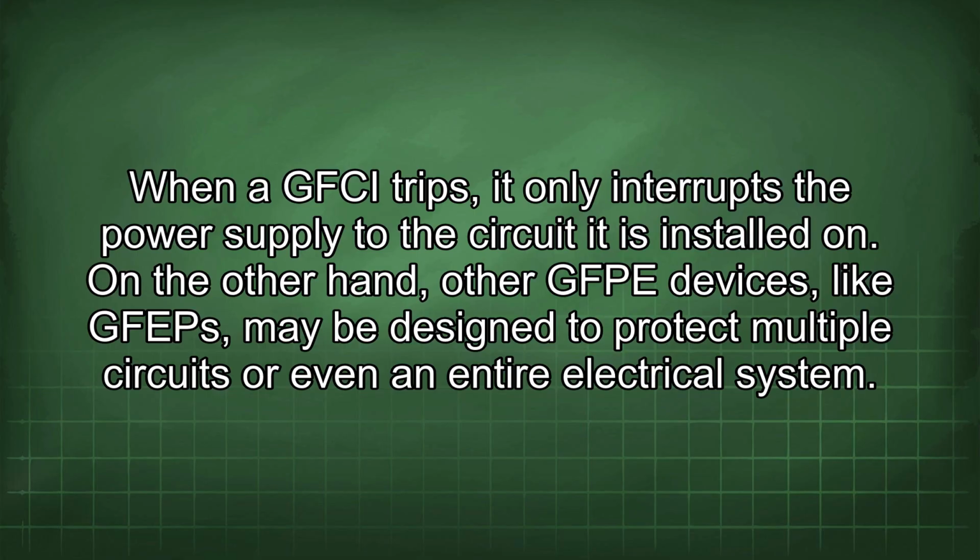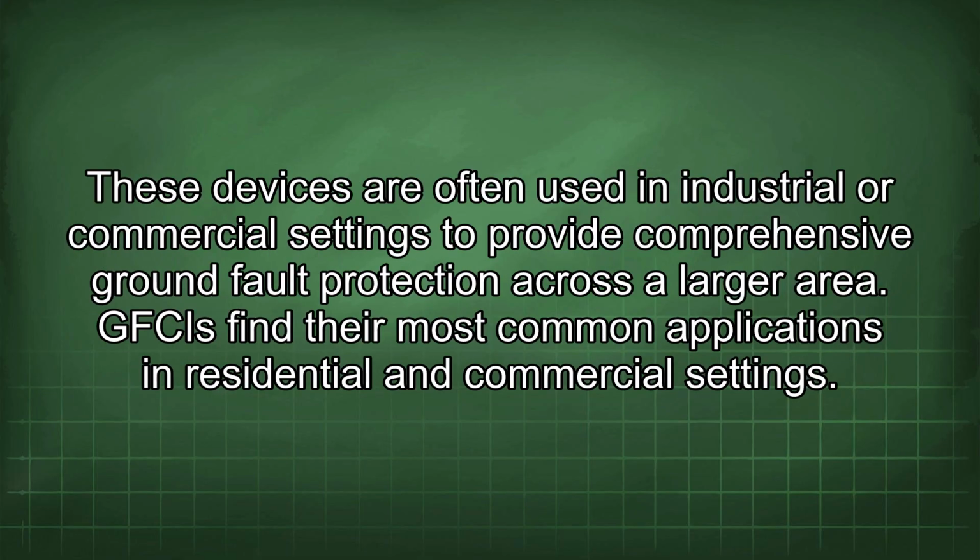On the other hand, other GFPE devices, like GFEPs, may be designed to protect multiple circuits or even an entire electrical system. These devices are often used in industrial or commercial settings to provide comprehensive ground fault protection across a larger area.